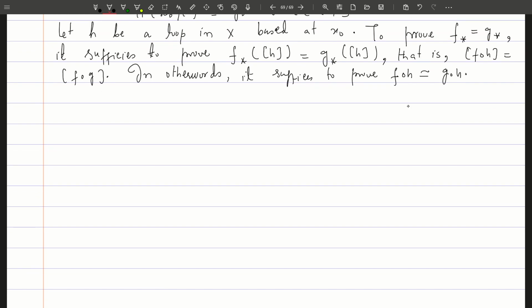Now to prove these two maps are homotopic, we have to exhibit a homotopy between these two maps.